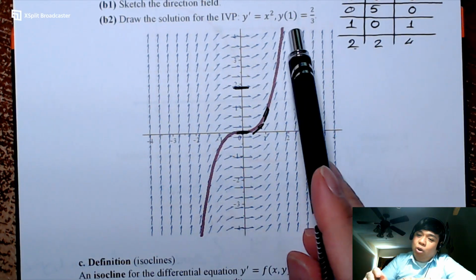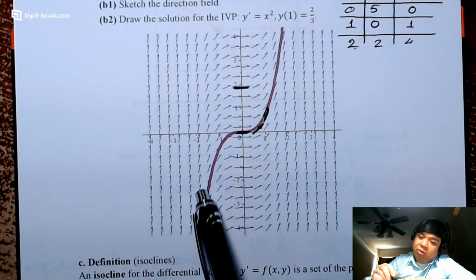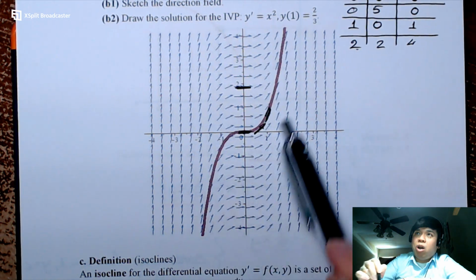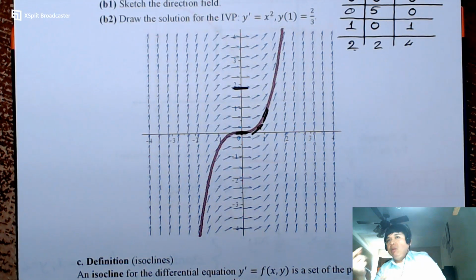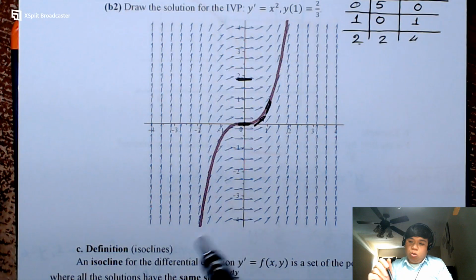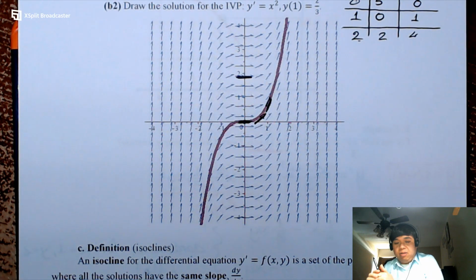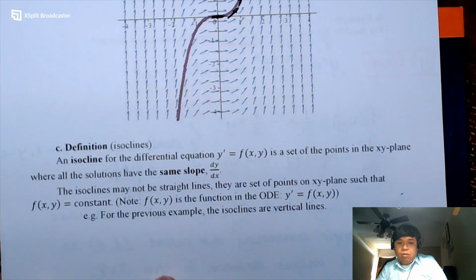If we have the initial condition y of 1 equals 2/3, we have a line of flow that goes through it, and with that we have the visual of the problem. We have to draw a bunch of these to have the graph.